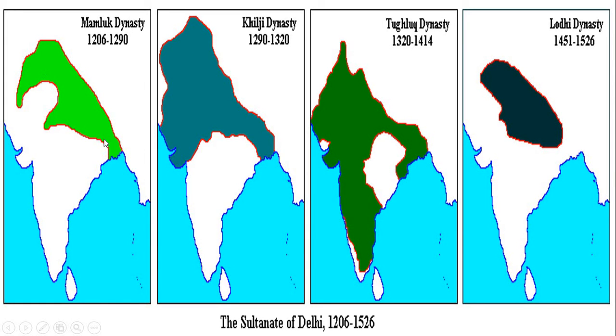These are the areas of Delhi Sultanate under different dynasties. This is Mamluk dynasty or the beginning of the Delhi Sultanate. Then comes the Khilji dynasty. This much area they have ruled in northern India. Tughlaq dynasty. As you can see, the expansion was much more. Then comes the Lodi dynasty.